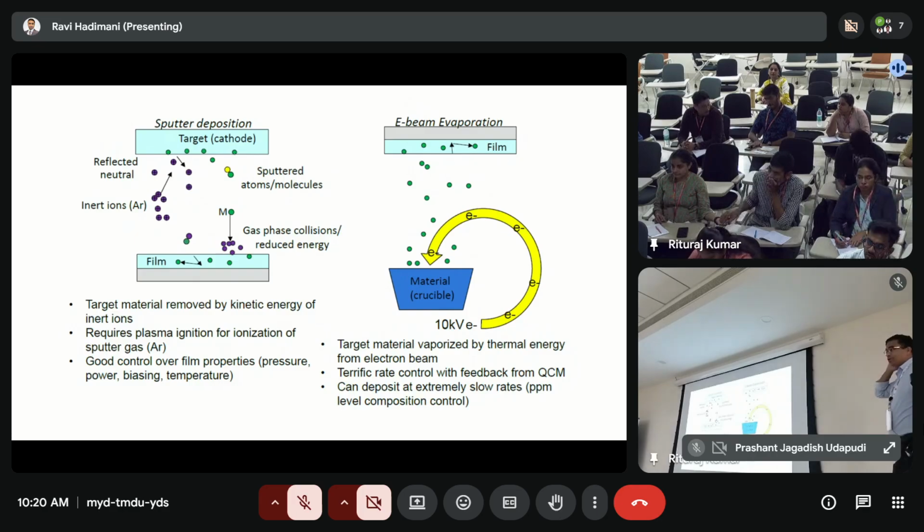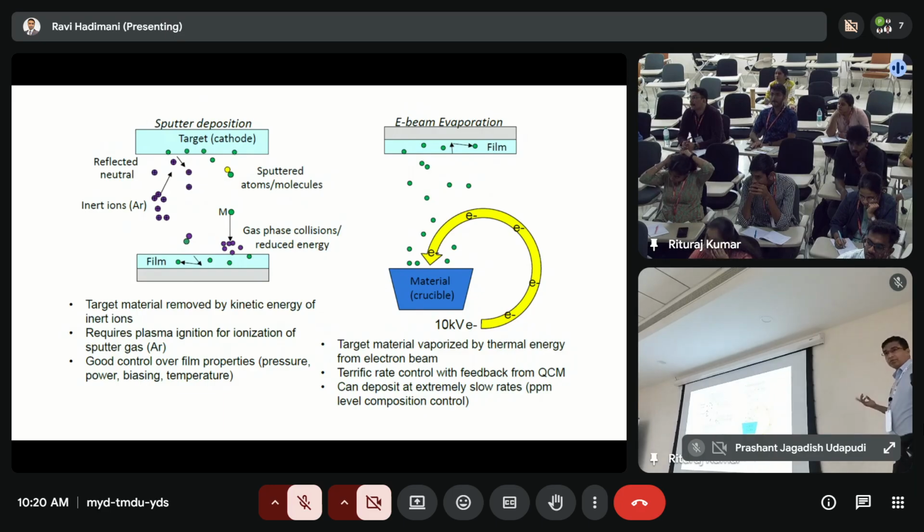In sputtering, you can get epitaxial deposition, but in thermal evaporation you may not. It depends, as there are different levels of thermal evaporators, and E-beam is similar. You may get a polycrystalline film in thermal or E-beam, but with sputtering you can get an epitaxial film aligned at a certain crystal orientation.